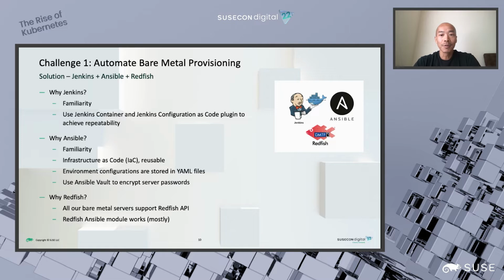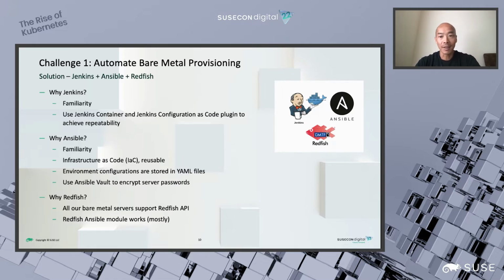And we can use Ansible Vault to encrypt any sensitive information like iLO passwords or any other types of credentials. All our jobs are orchestrated using Ansible playbooks. A Jenkins job would simply use the Ansible plugin to run the appropriate playbooks to perform those tasks.